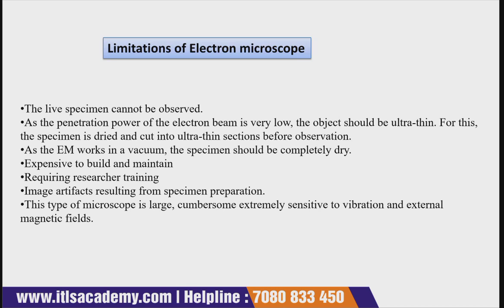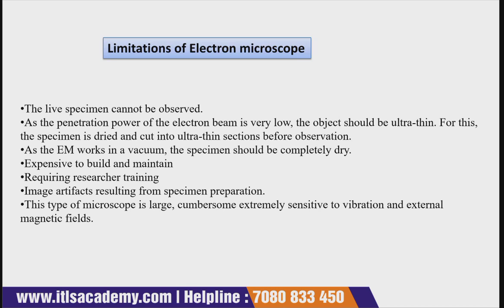For this, the specimen is dried out and cut into ultra thin sections before observation, and because only very thin specimens can be examined, that is again a limitation. As the EM works in a vacuum, the specimen should be completely dry, meaning there should be no water. They are very expensive to build and maintain. They require very high researcher training to operate this type of microscope.